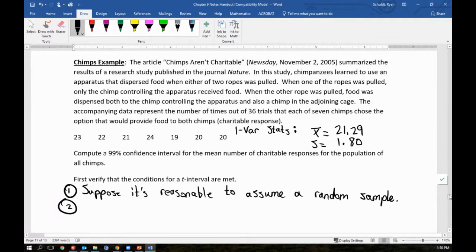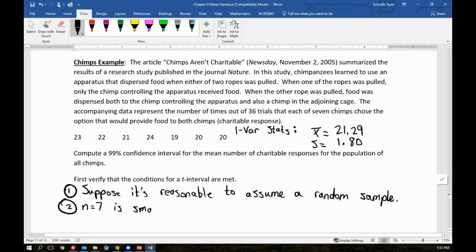How many chimps do we have? We only have 7 chimps. They do this experiment, they do 36 trials, but chimp-wise, we only have 7 chimps. So n is equal to 7, which is small.